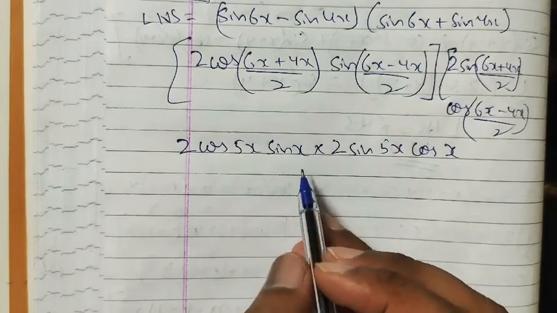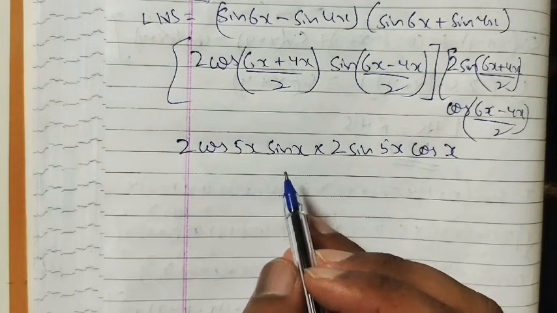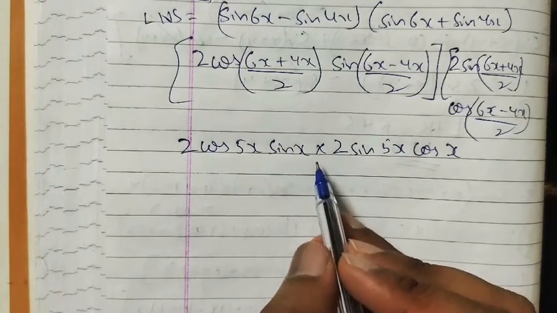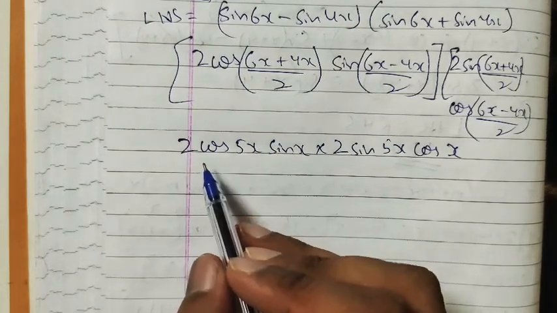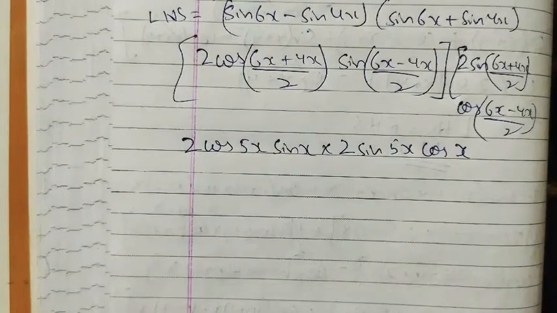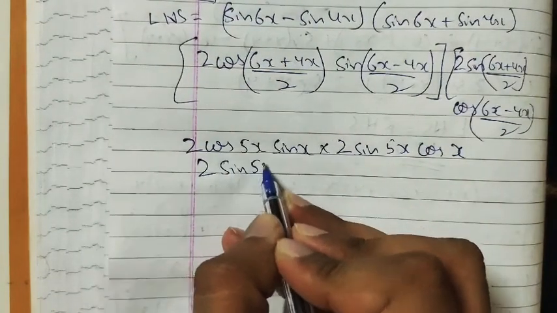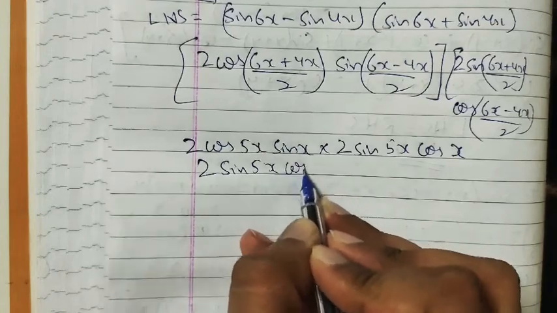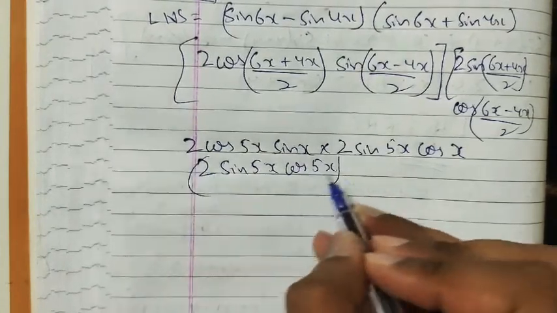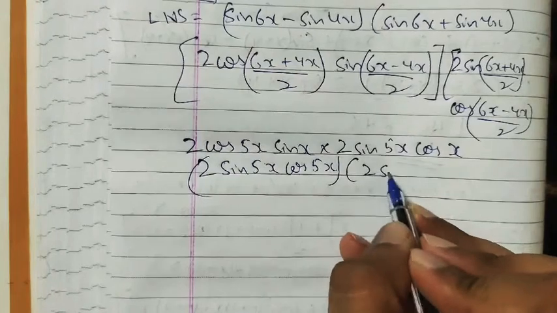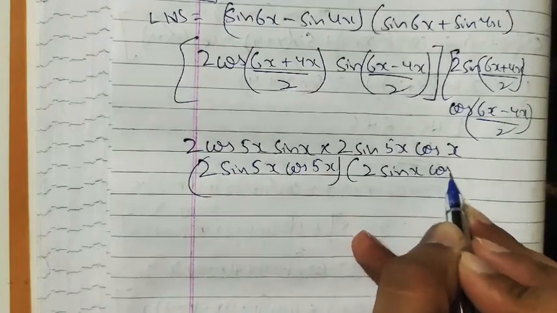Okay, now what do we have here? This is 2 multiplied by 2 sin 5x cos 5x, right? Similarly 2 sin x cos x.